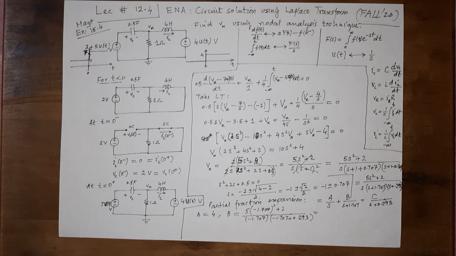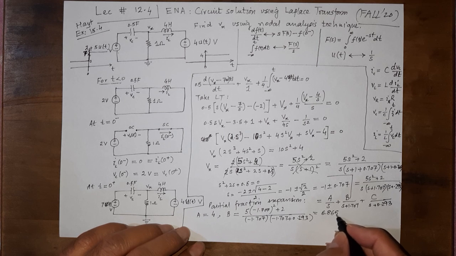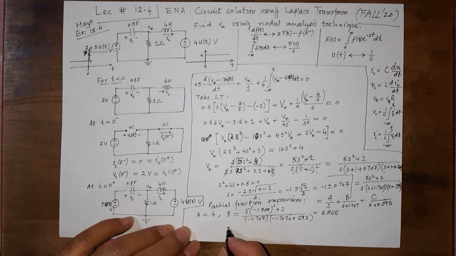Control C this, and we are going to get 1.707 square multiplied by 5 plus 2 divided by, I think the answer is 6.865. I hope I have not committed any mistake.